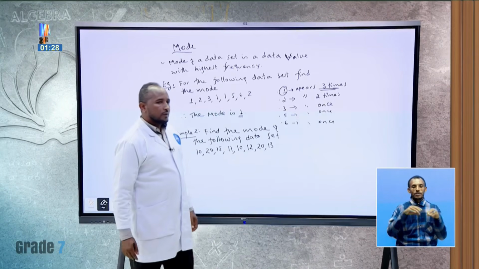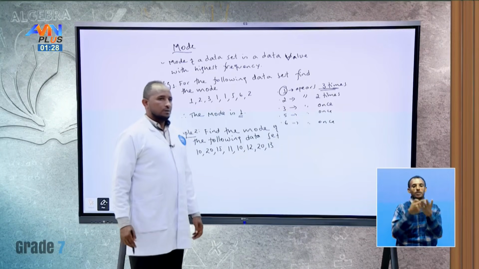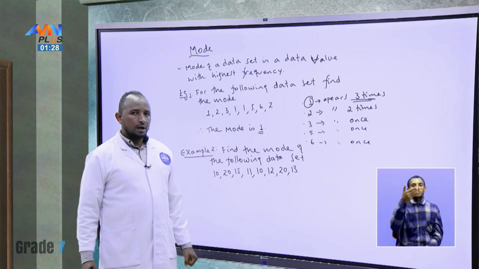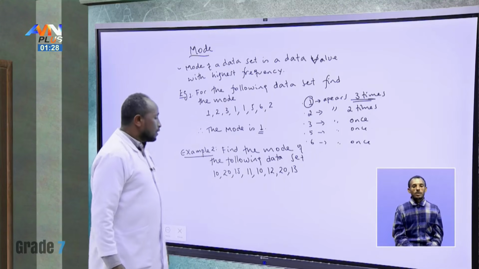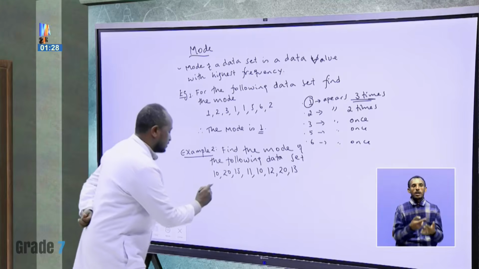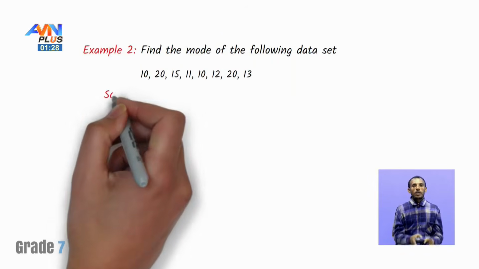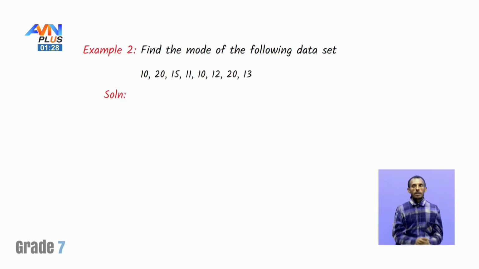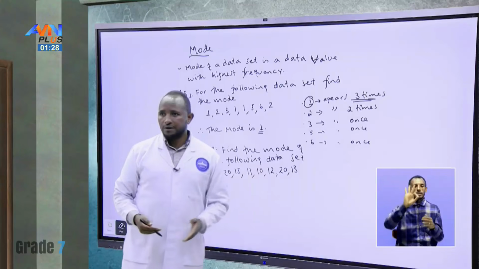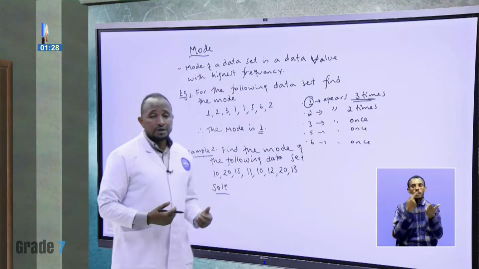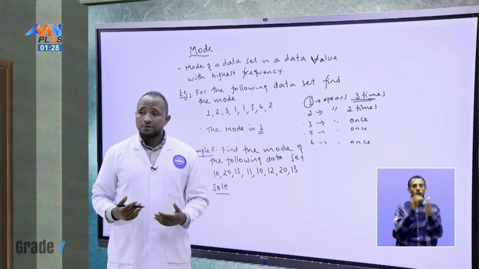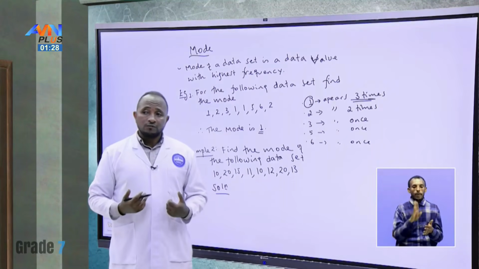Students, have you tried the question? Good. Now let's see the answer together. Let's see the number of appearances, or the frequency, of each data value. The number with the greatest frequency will be the mode of the given data.